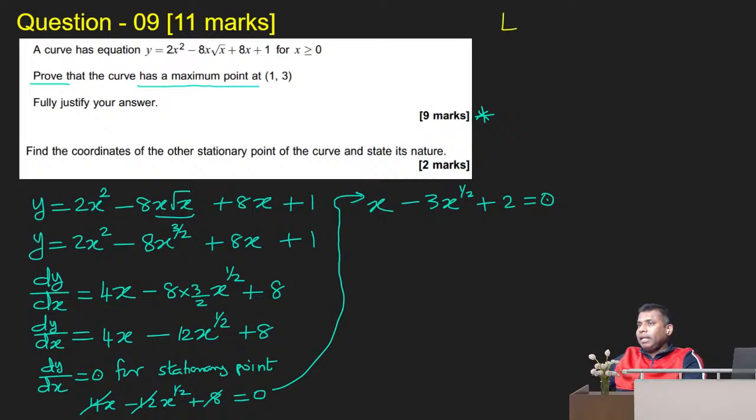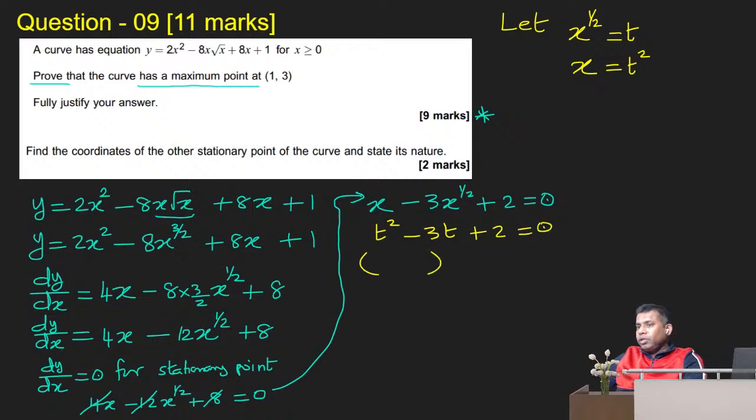Let's say let x to the power half be t. If you square both sides, x equals t squared. So you can say this is t squared minus 3t plus 2 equals 0.